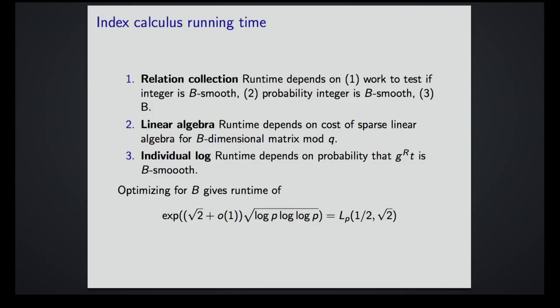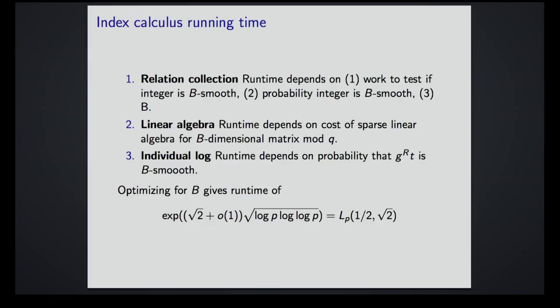So what does the running time look like? The running time of relation collection depends on a bunch of parameters: the amount of work it requires to test if your integer is b-smooth, the probability that a random integer of a particular size is b-smooth, and whatever this value b is. The linear algebra runtime depends on the cost of doing sparse linear algebra for some b-dimensional matrix, mod the order of your group.